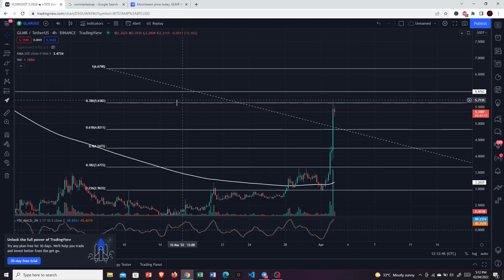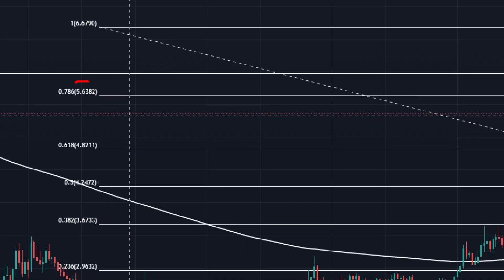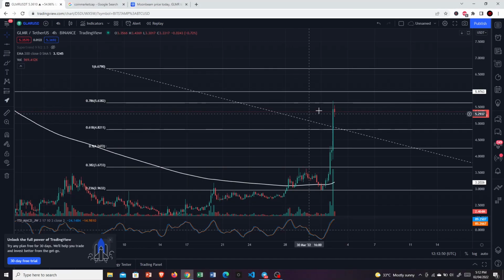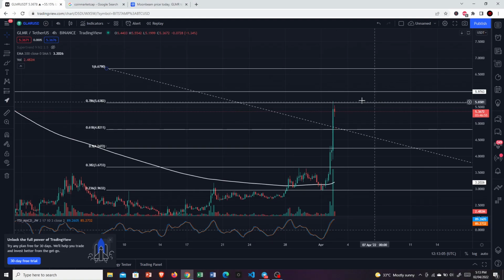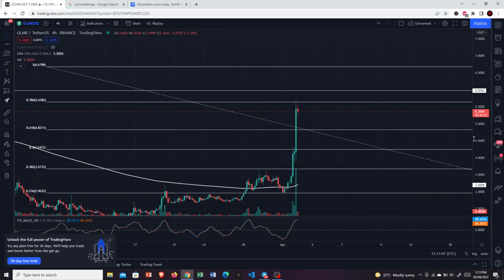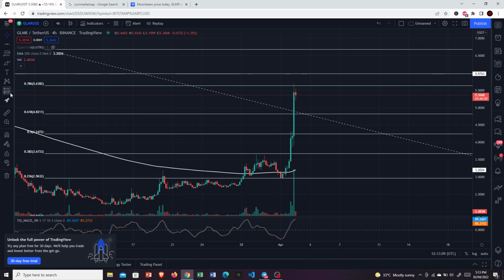At the moment we are getting rejected from this region over here. This is a 5.63 resistance level, and we are getting rejected from this level. So we can retest this level. We can move in a bearish pennant over here, like this bullish pennant over here, and then we can move to the upside.